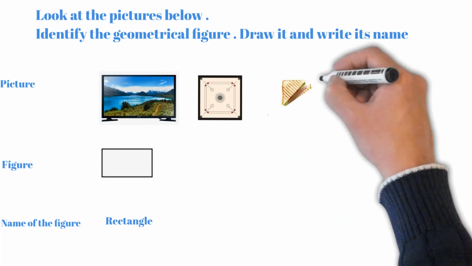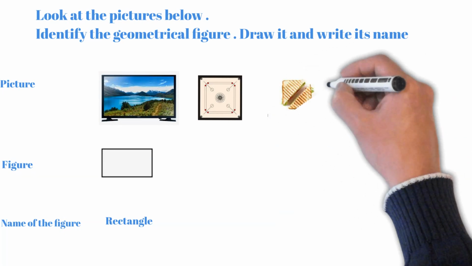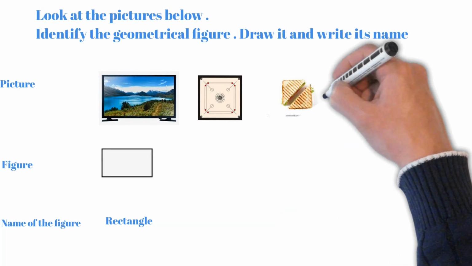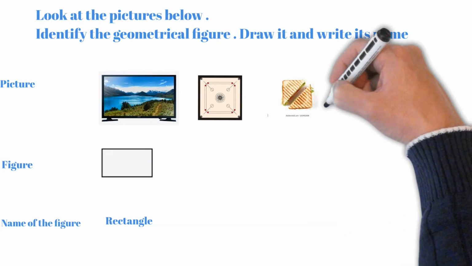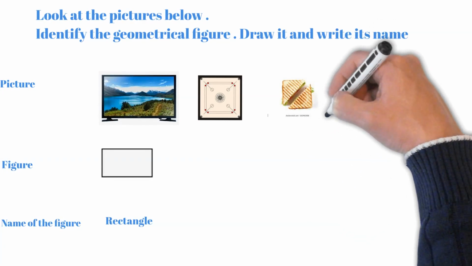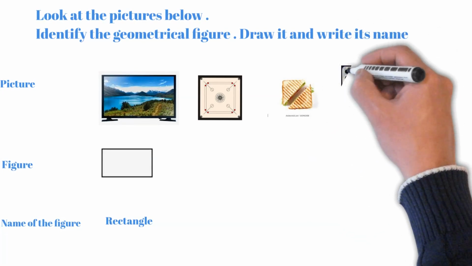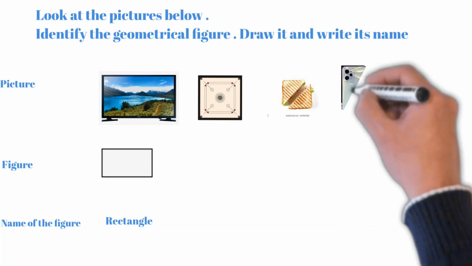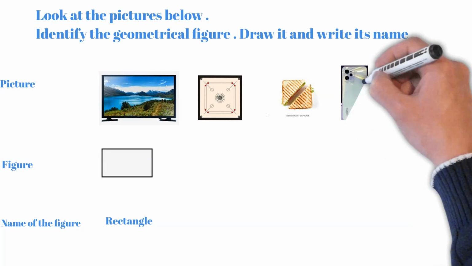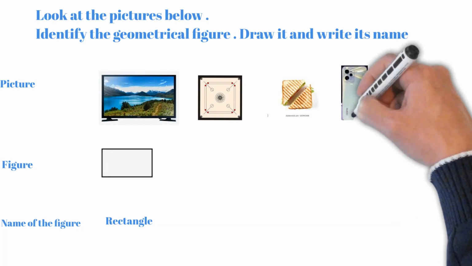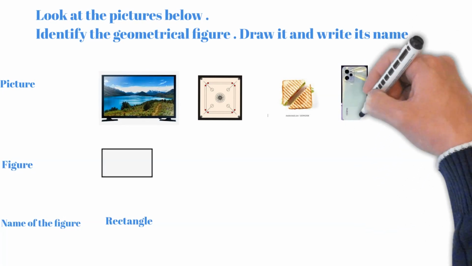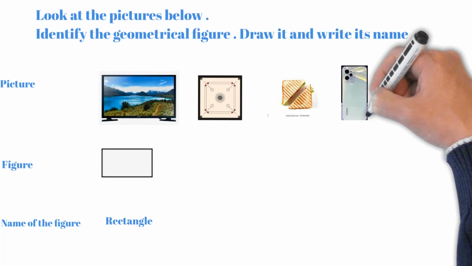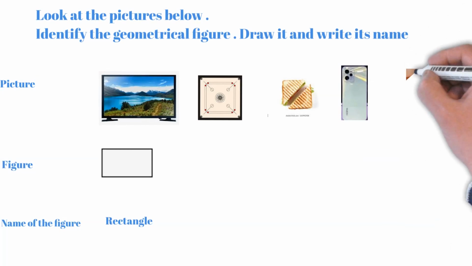What kind of shape are these sandwiches in? They're cut into two halves. So these two pieces of sandwich, what do they resemble? And then a phone. He's drawing the phone, completing it, and then let's see the last one he's drawing.